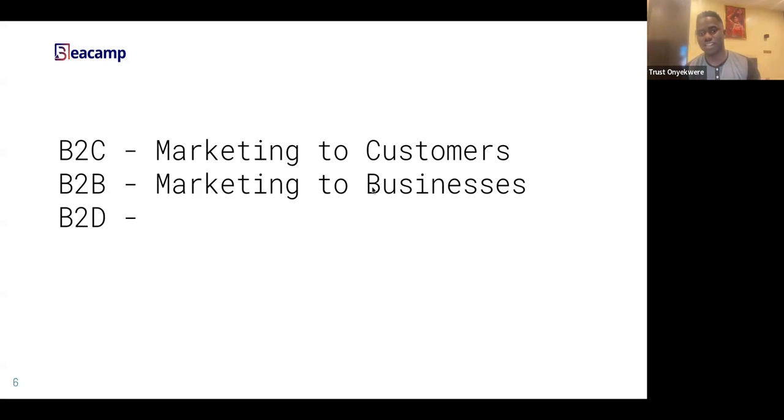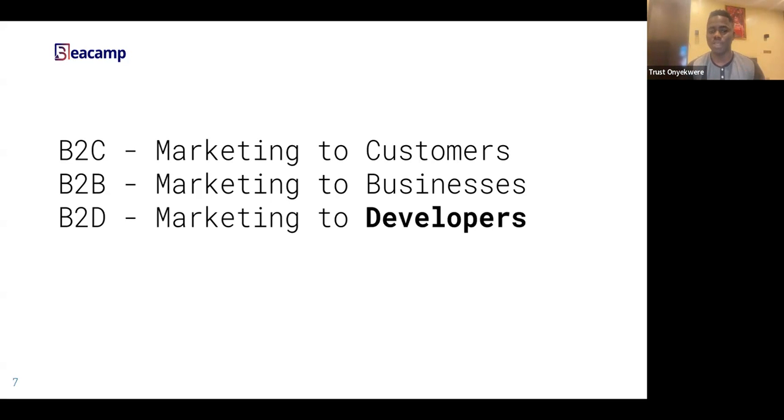An example of a B2B company could be Brass, because Kuda targets bank accounts for individual customers, but Brass targets accounts for businesses and entrepreneurs. So they're different. But now there's a new approach of marketing called B2D, which is marketing to developers.